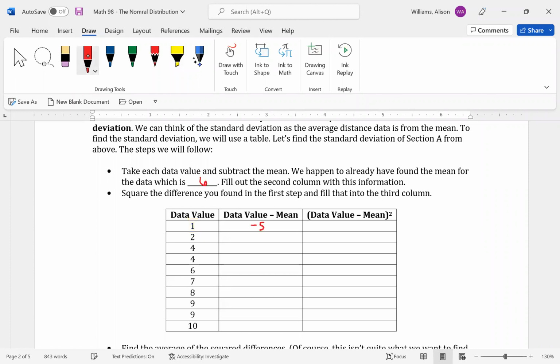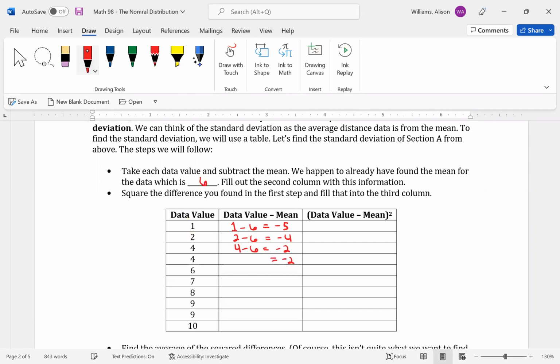Then I go to the 2, and 2 minus 6 is -4. Sorry, I should actually write down what I'm doing here. So I'm doing 1 minus 6, which is -5, 2 minus 6, which is -4. Then this one's 4 minus 6, which is -2. Here, that's going to give me -2 again.